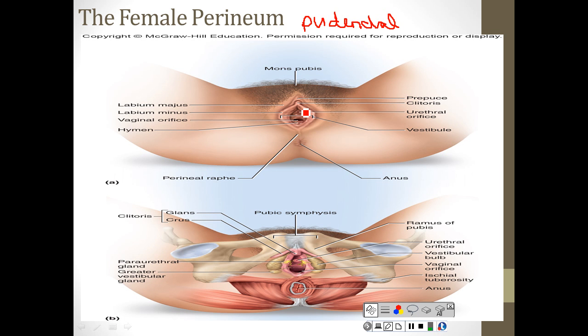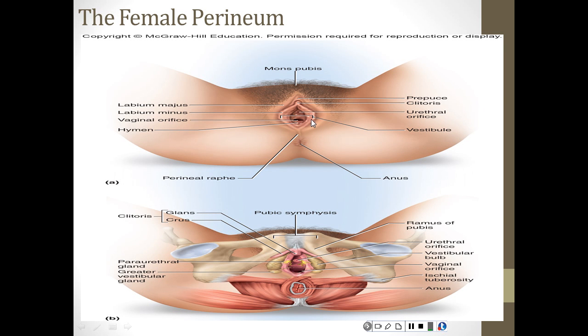Now, medial to the labia majora are much thinner lips. We have the labia minora. Now, the area that's enclosed by them is called the vestibule.